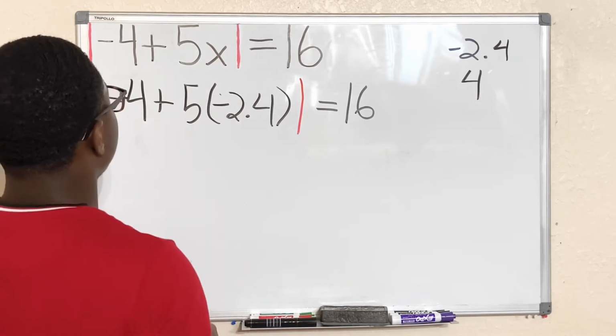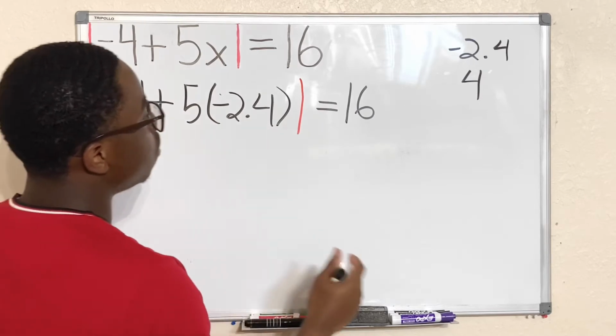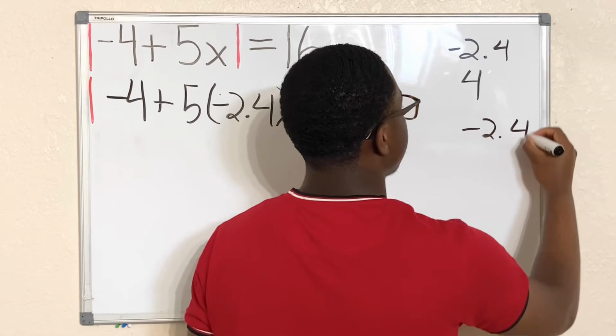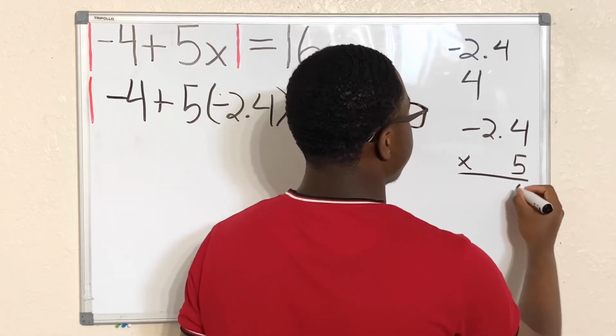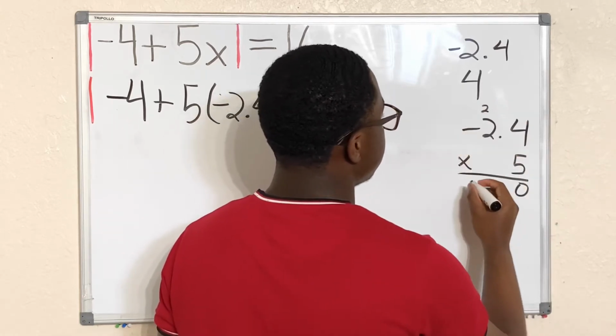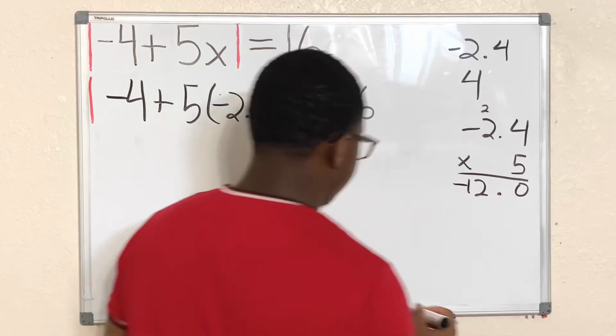And then we're going to solve everything. So negative 2.4 times 5. Let's do that on the side. 4 times 5 is 20. Go to 2. 5 times 2 is 10. Plus 2 is 12. So we have a negative 12.